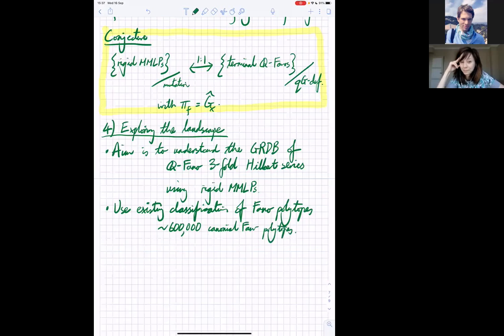Let me say this in a different color. Here, if I'm remembering correctly, there's around 50,000 Hilbert series. And here, if I'm remembering correctly, there's only around 3,000 Hilbert series.